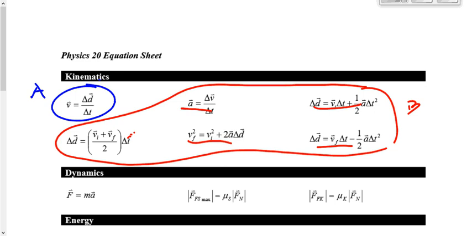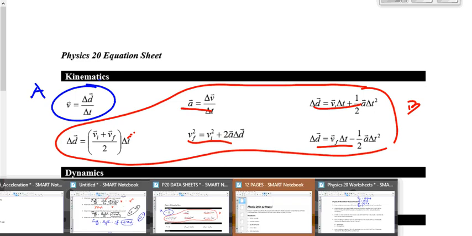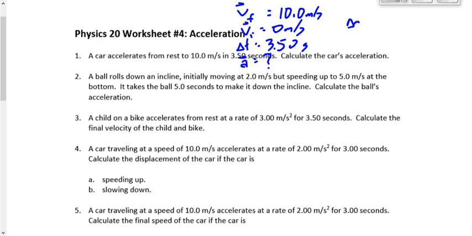D is equal to VIT plus 1 half AT squared? Okay, Aaron, let's try that one. D is equal to VIT plus 1 half AT squared. So D, we don't know, that's fine.